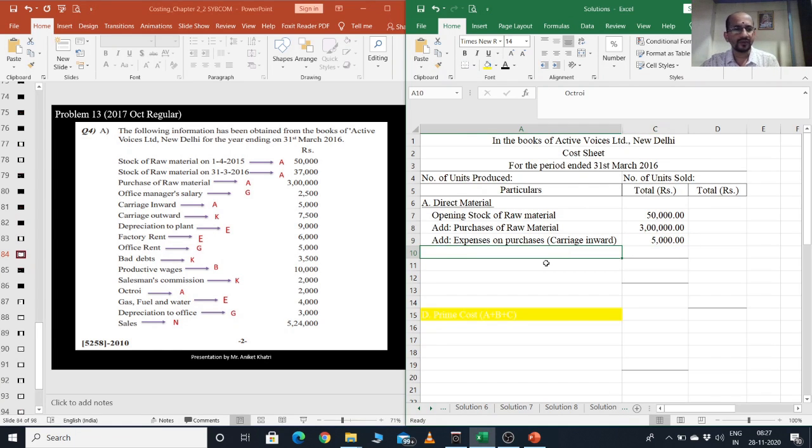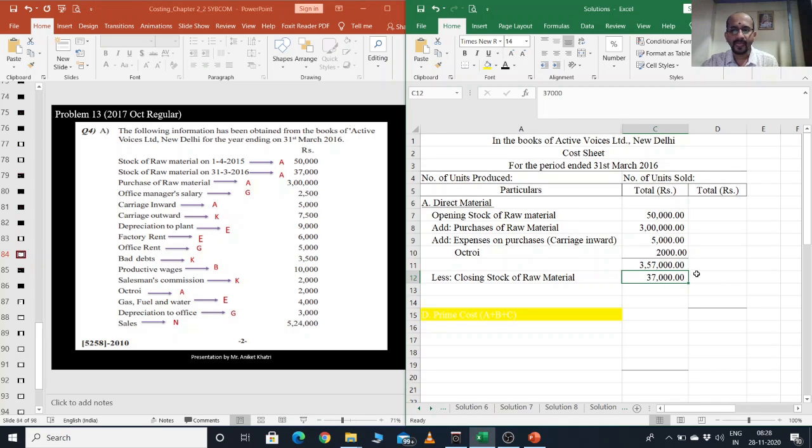Next, you need to see where we have put the A, so that amount we need to consider. Next is octroi, so it is 2,000. Now do the total of this, that is 3,57,000. From that you need to minus the closing stock of raw material, mentioned over here in the second point, 37,000.